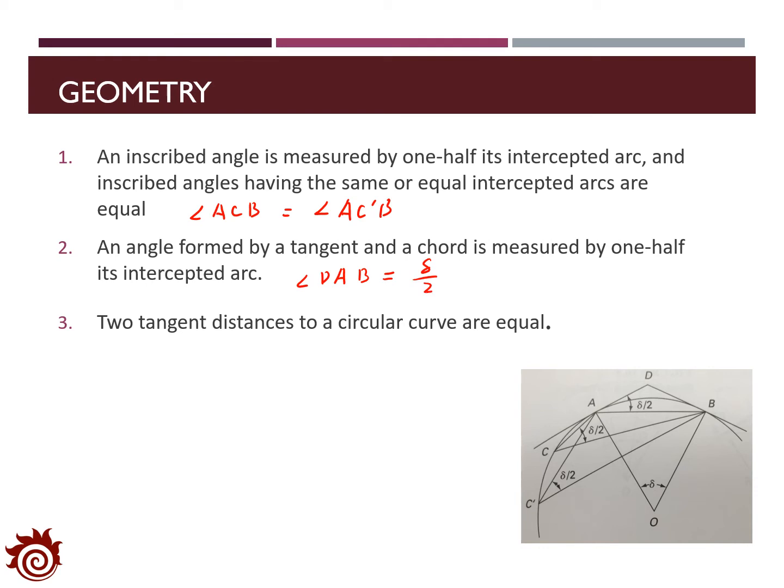Similarly, the angle DBA is also half delta. In addition, for the third one, the distance from A to D is the same as the distance from B to D. All this information will be applied in the future pages for the estimation of the horizontal curve.